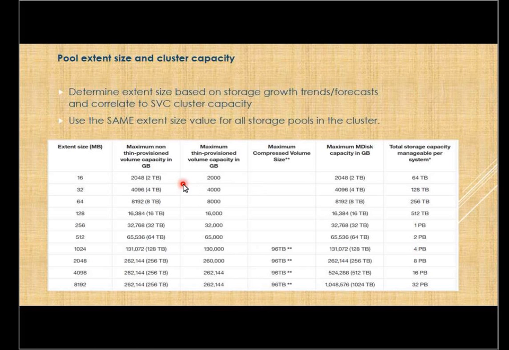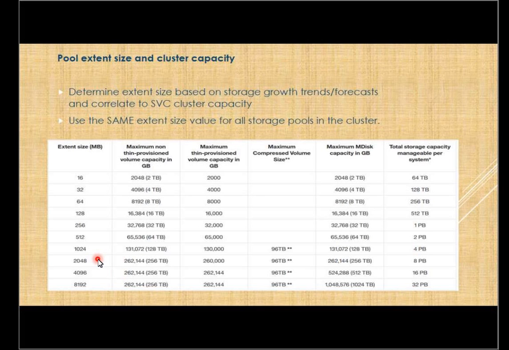So now, when we create volumes out of a storage pool, we need to know what the extent size is that we are using. For example, in case we are using an extent size of 8192 MB, and we want to create a volume of 2 GB, right, 2048 MB. What will happen to the remaining space?